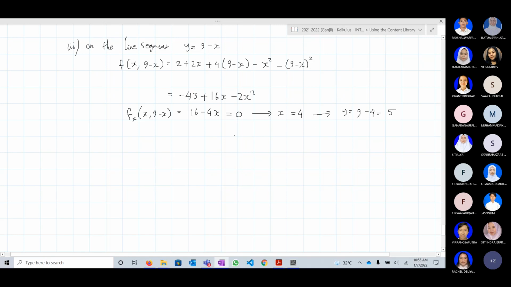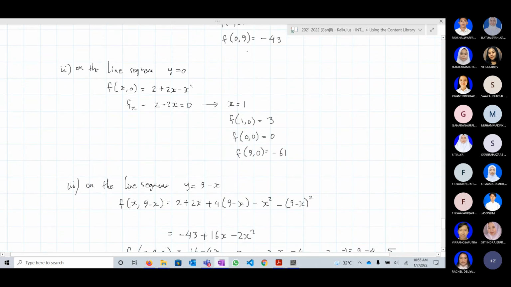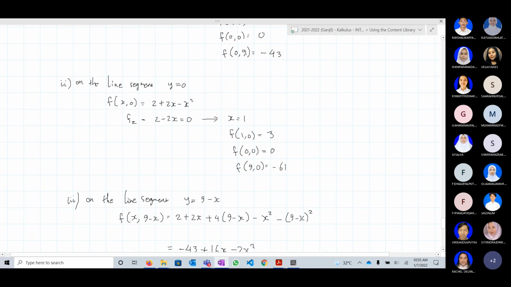So now we have that f at 4, 5 is equal to minus 11, and at the boundary we have the boundary points 0, 9 and 9, 0. We already computed them all.